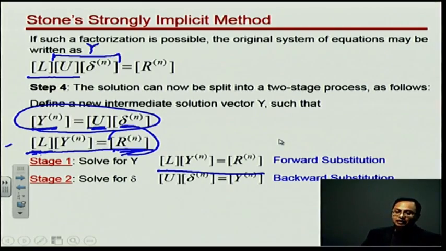Now, it's important to remember that this is all still hypothesis at this point, because we still don't know if we can really factorize A into L times U. But if it was possible, then it would give us huge savings and a solution strategy that would not require any iterations. It would be 100% implicit.